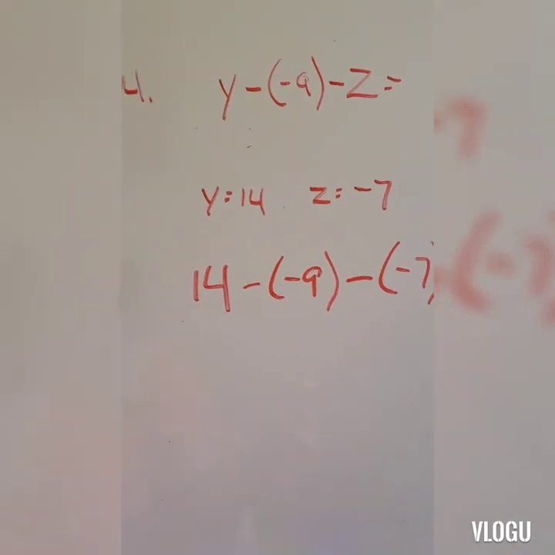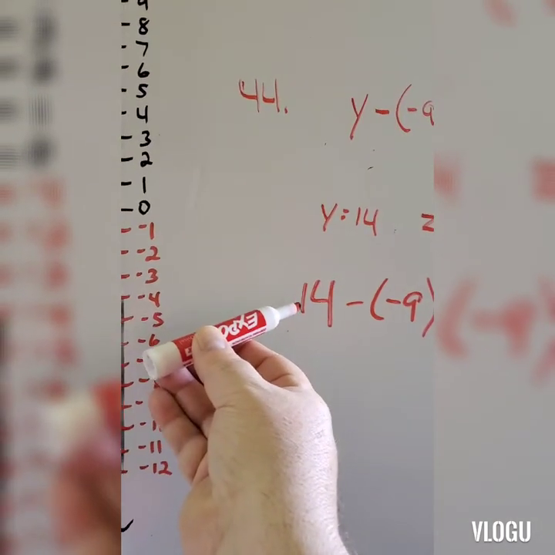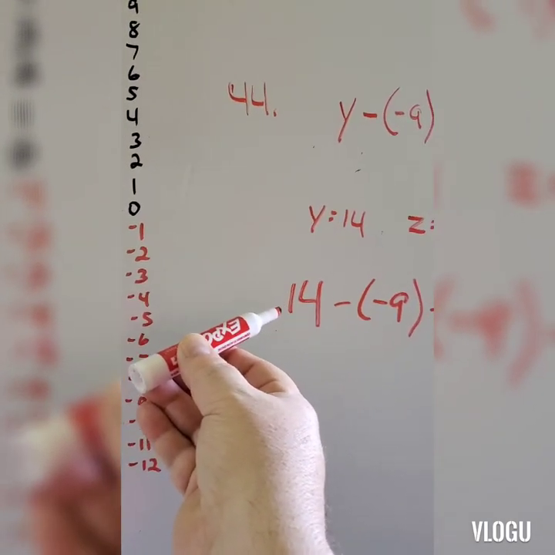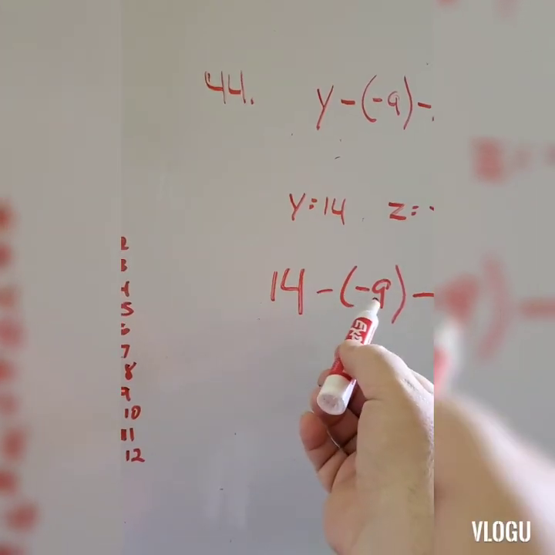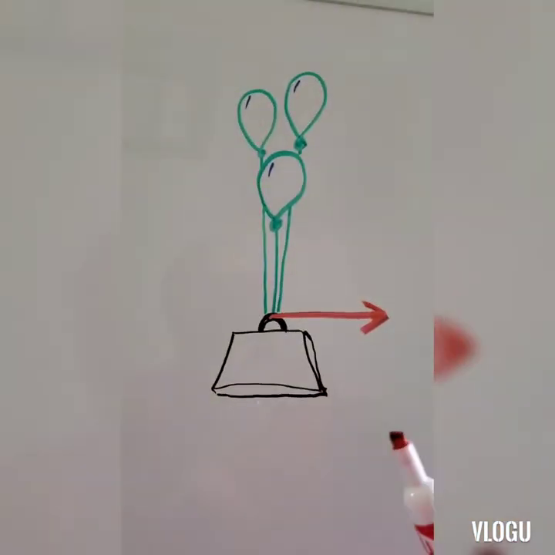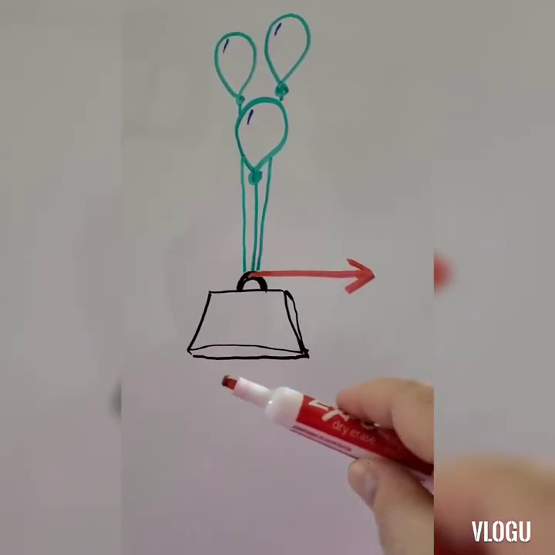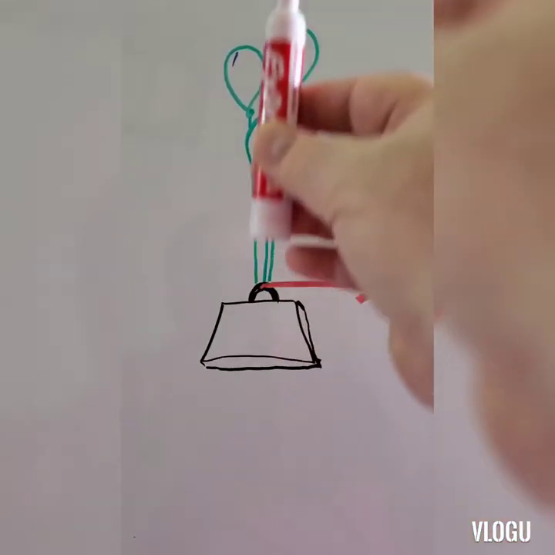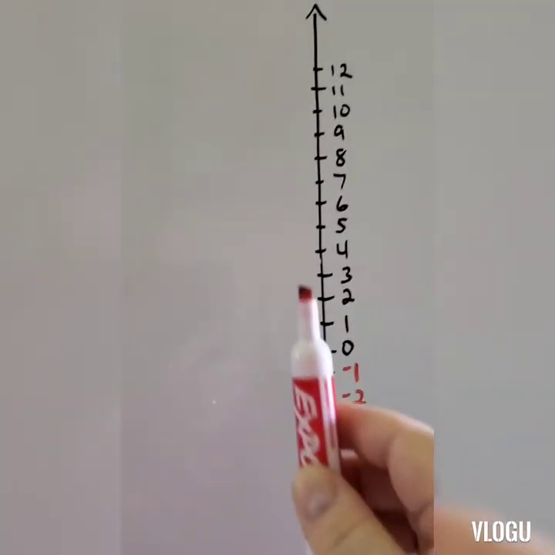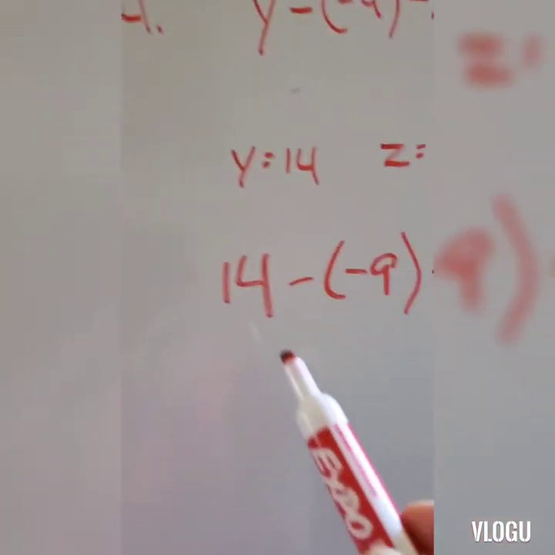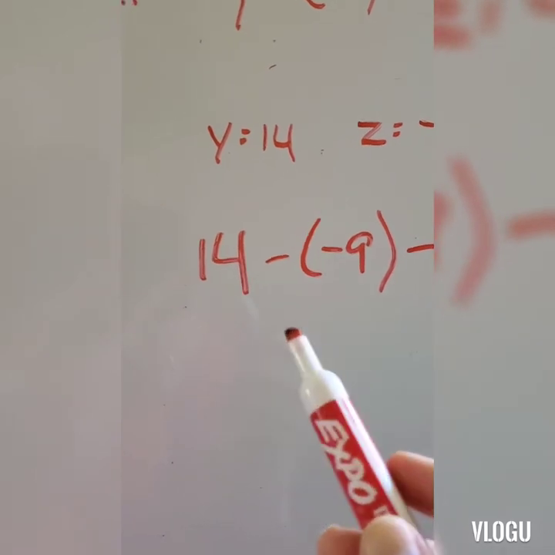Okay. We're going to start at 14. When we start at 14, we're going to take away negative 9. We're taking away a negative, so we're taking away a weight, which means our 14 is going to get bigger. It's going to go up our number line. So how do I make 14 bigger?